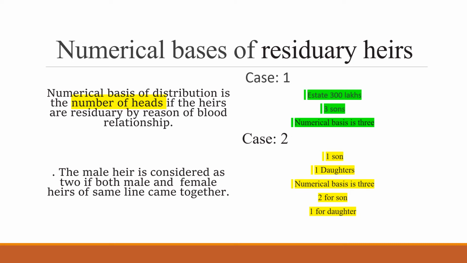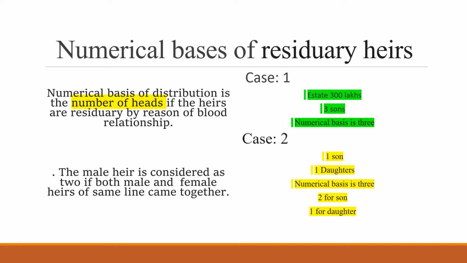So if there are heirs who inherit the remaining property after the fixed share members, how will the numerical basis be found in the case of residuary heirs? The number of heads.